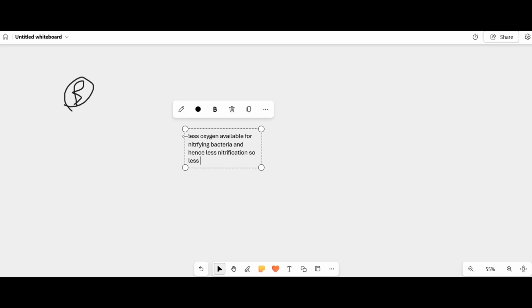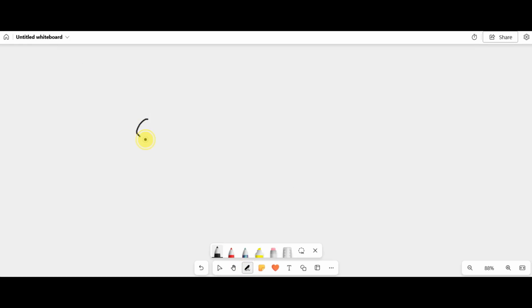So there's less conversion of ammonium ions into nitrite ions, and then again into nitrate ions, because they're going to add another oxygen.